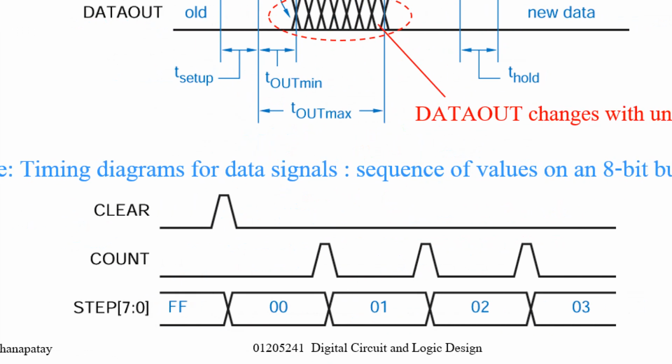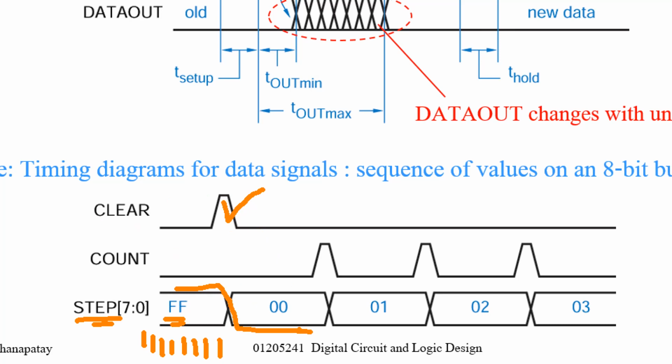And in this example, clear is active high, right? No underscore L. Count is also active high, and this is step, whose value is 8-bit. If at the beginning the value of step is ff, meaning 1 1 1 1 1 1 1 1, and when clear is active, it changes to 0.